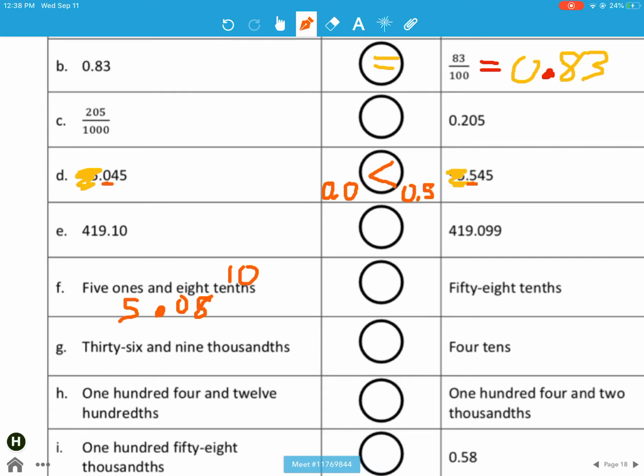Now here it says tenths. It only has, oops, that was my mistake. Did you notice that mistake? It is tenths, so that means my 8 goes here. That's the tenths place.